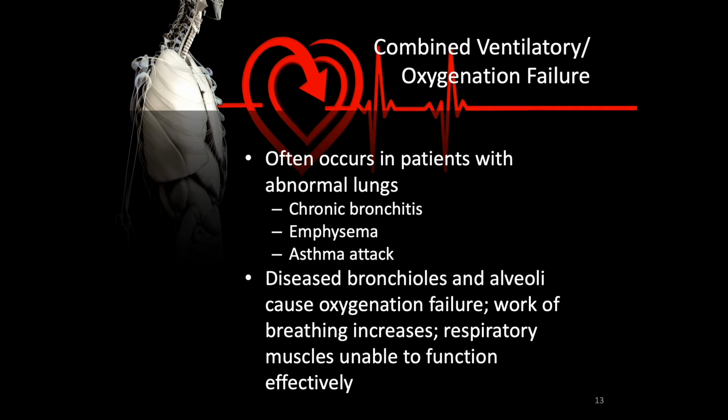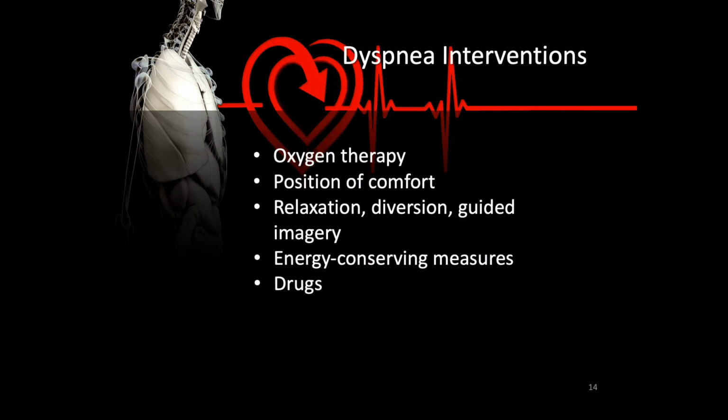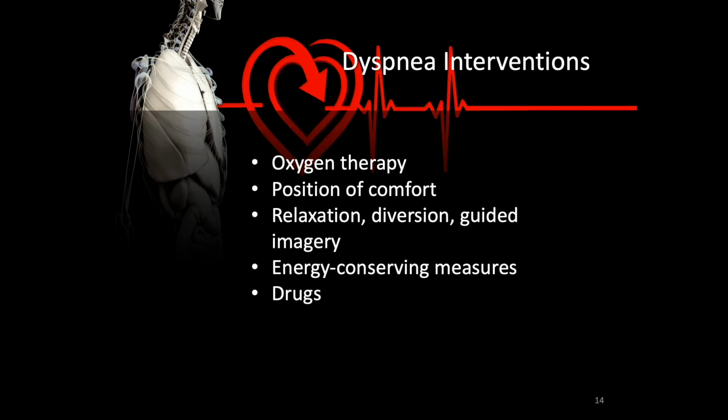Interventional goals include maintaining a patent airway, optimizing oxygen delivery, minimizing oxygen demand, treating the cause of respiratory failure, and preventing complications. Therefore, the interventions are going to be directed around gas exchange, provide for oxygen, provide comfort by positioning and even giving pain medications.